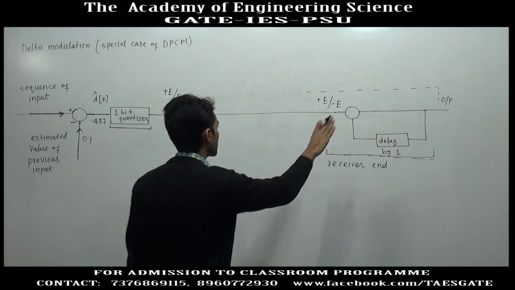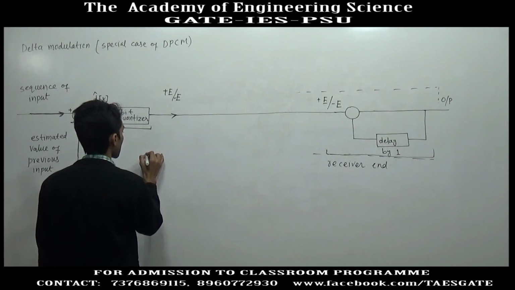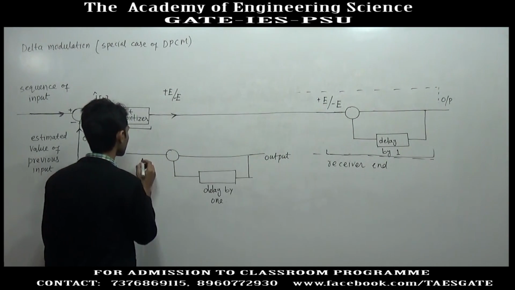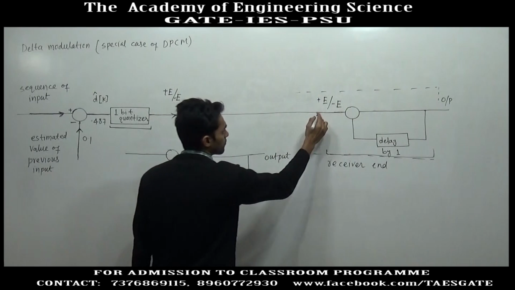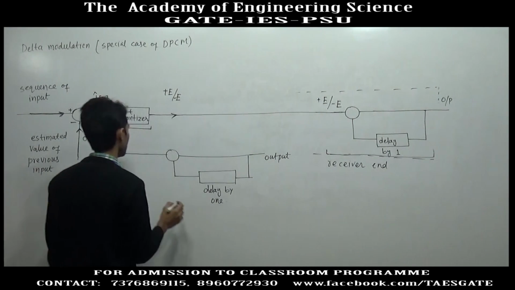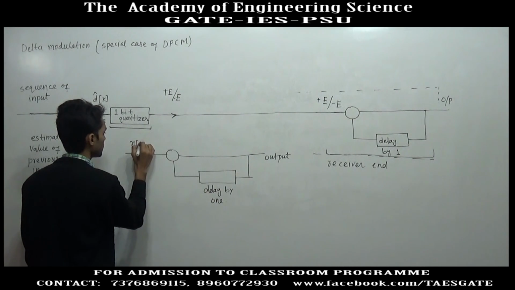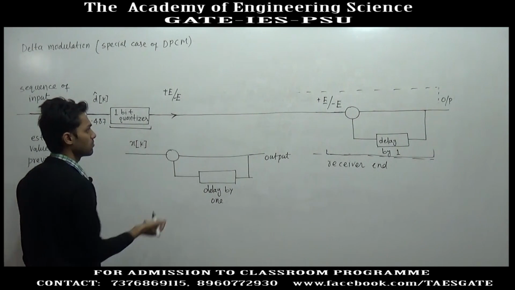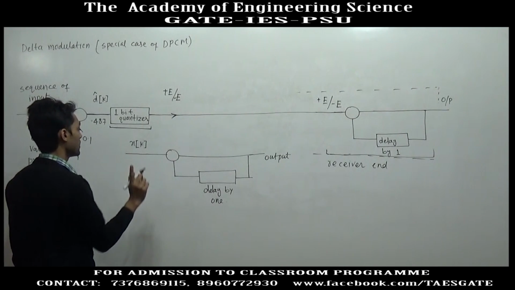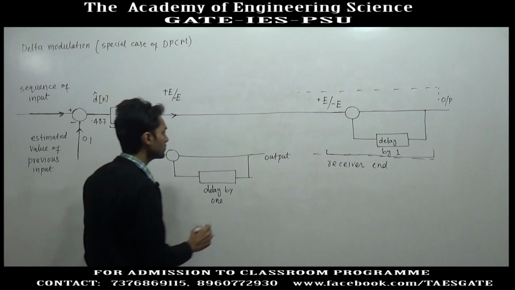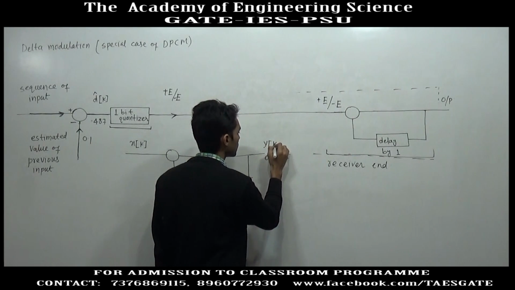To understand this, I am making it separately. Instead of representing plus E or minus E, I am representing the sequence of input. The input may be xk. I am representing plus E or minus E by the general value xk. This may be x1, x2, x3, and here it is yk.